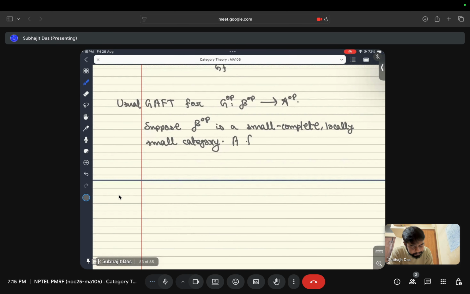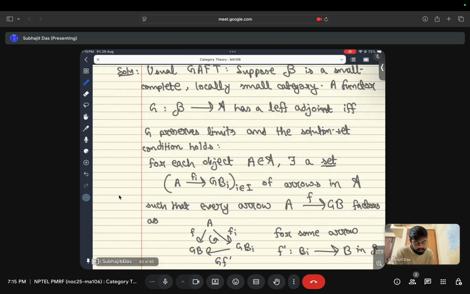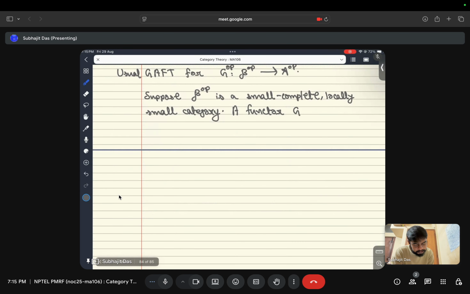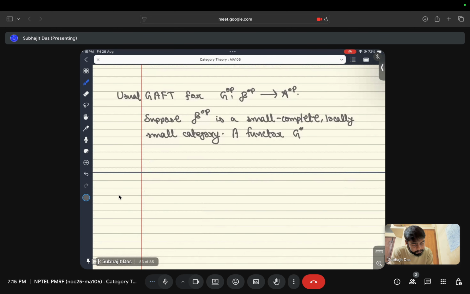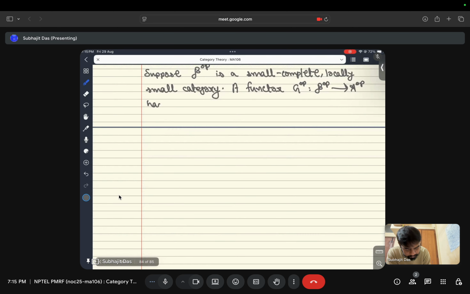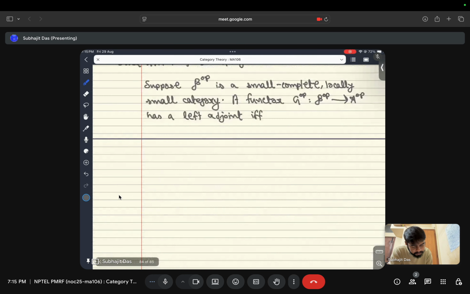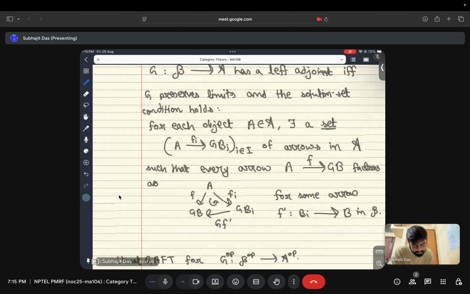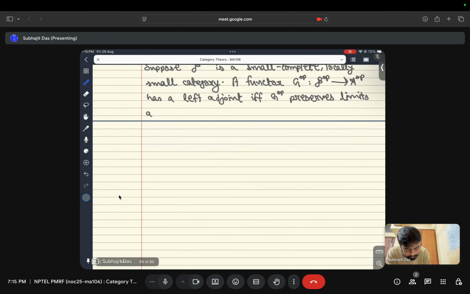A functor G op from B op to A op has a left adjoint if and only if G op preserves limits, that is, it is continuous, and the solution set condition holds.